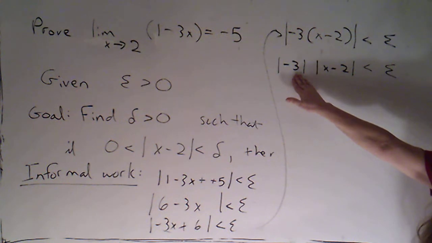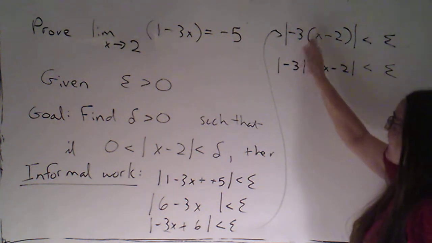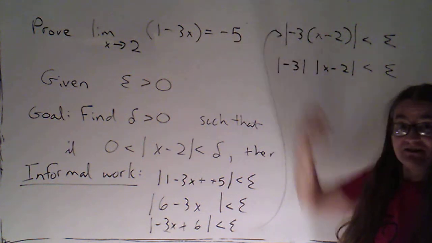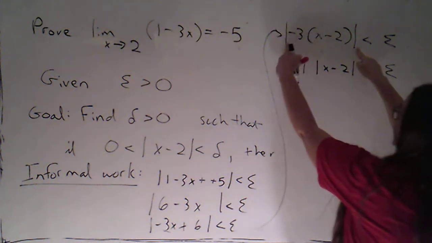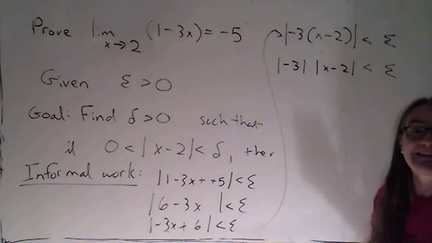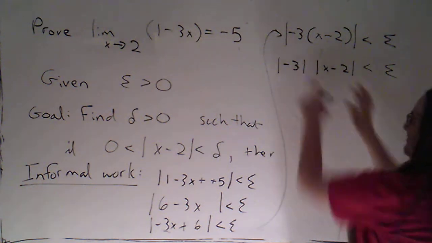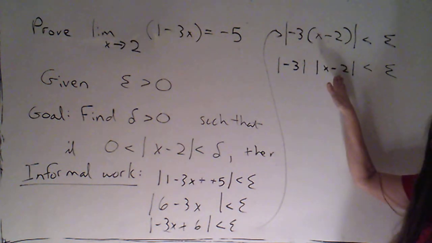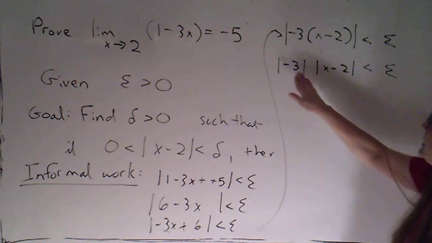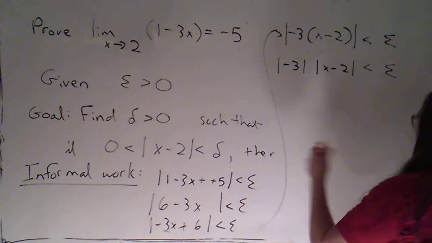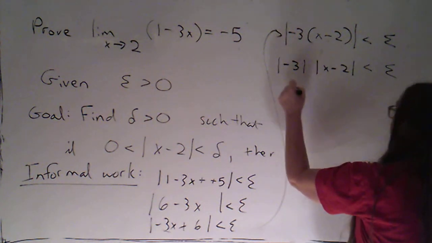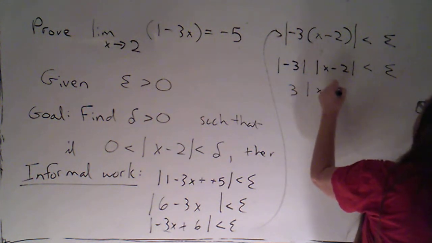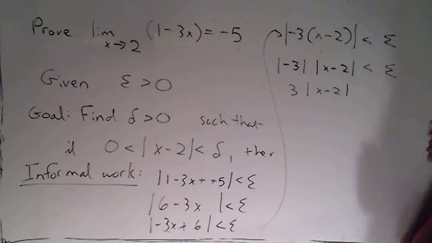Very important that that is still in the absolute values. I did not factor a negative all the way outside of the absolute value. The left-hand side here was something that's not negative. It's still something that's not negative, because that's two things that aren't negative multiplied together. Okay. The absolute value of negative 3, I happen to know, is 3. So I could write this as 3 times the absolute value of x minus 2.